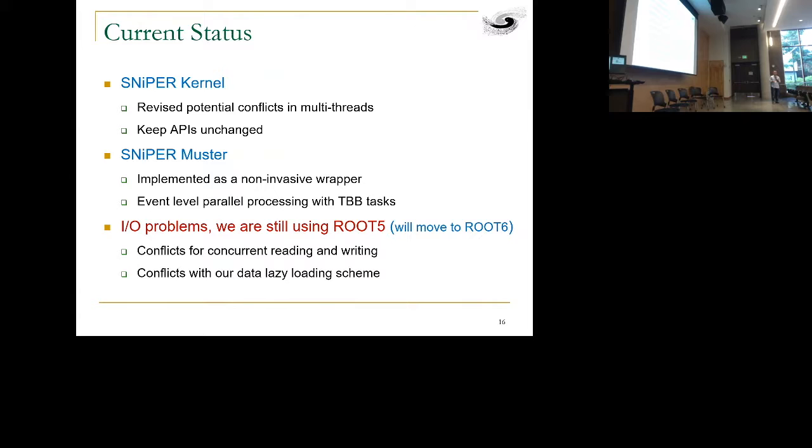However, there are some I/O problems. We are still using ROOT files, so there are conflicts for concurrent reading and writing, and also conflicts with our data reloading scheme. We will move to ROOT 6. Perhaps that will be helpful to us.